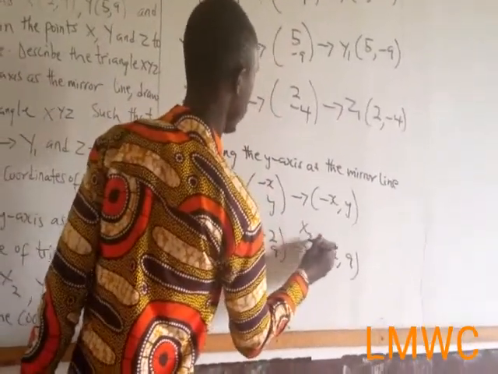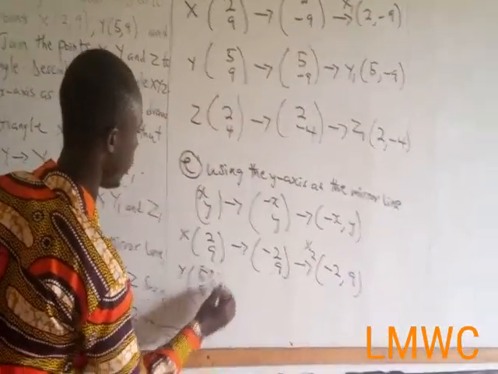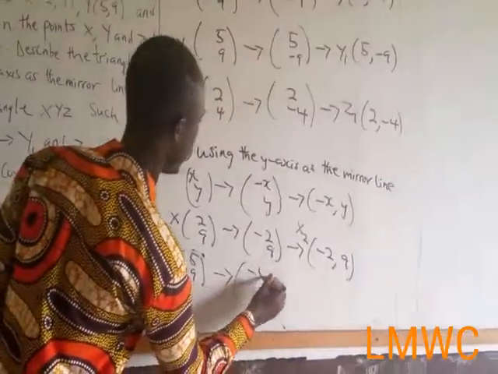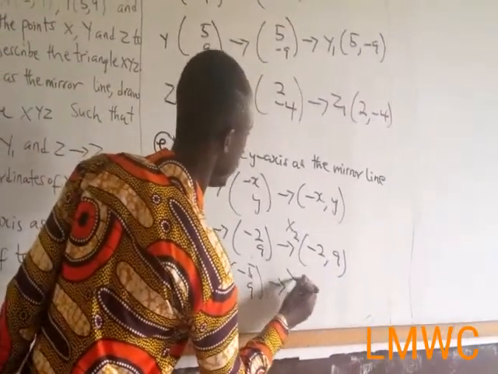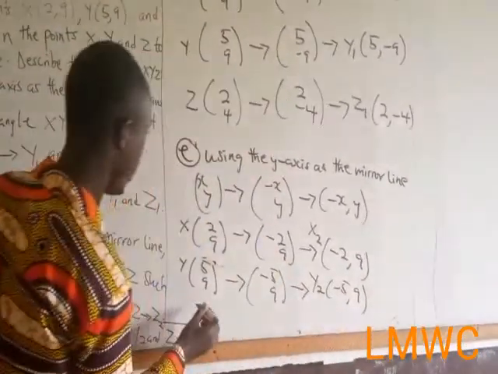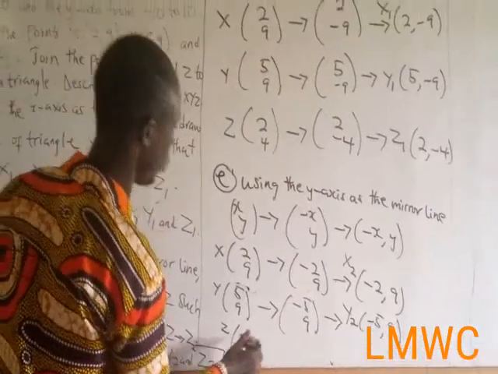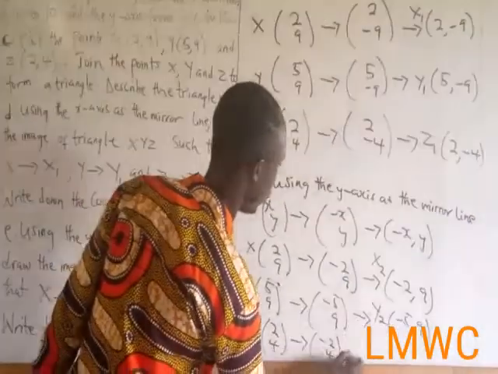So that's X2. So Y is what? (5, 9). So it's (negative 5, 9). So you have Y2, (negative 5, 9). So Z is (2, 4). So it is (negative 2, 4).